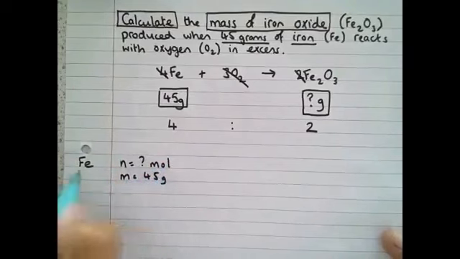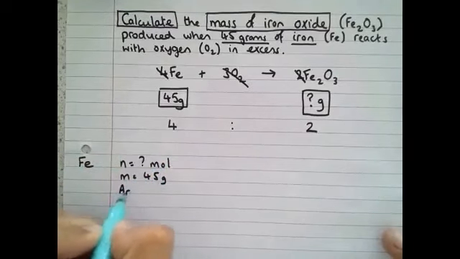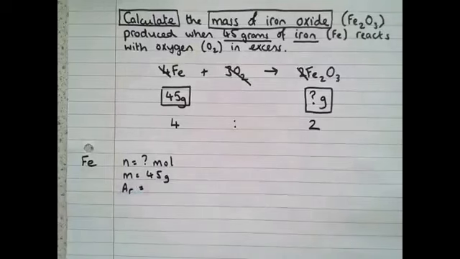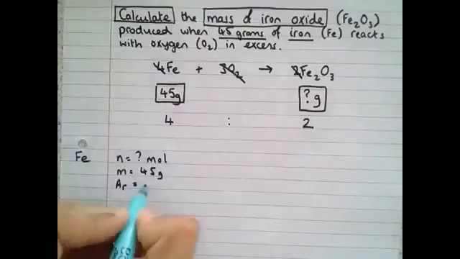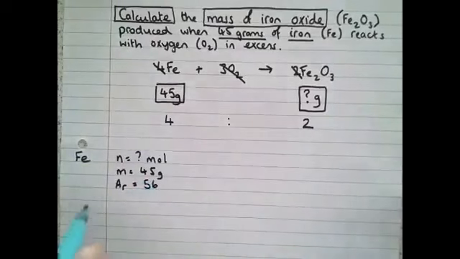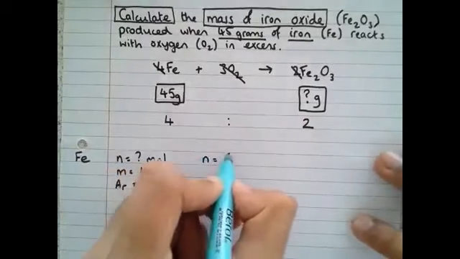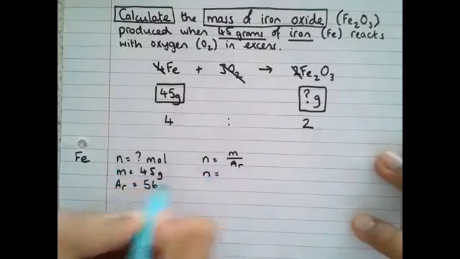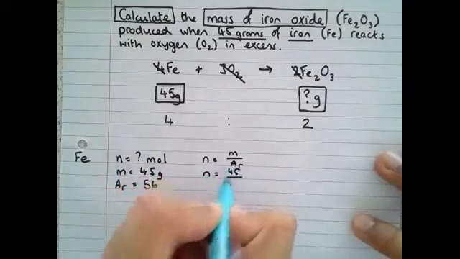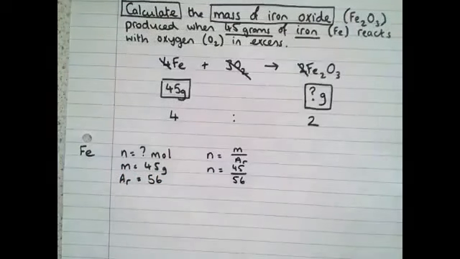Now we know that the mass that reacted here is 45 grams. And we know from the periodic table that the atomic mass of iron is 56. So we can look at the periodic table if we've forgotten it, and you can see the mass of iron as 56 from our periodic table. So we can write it there.